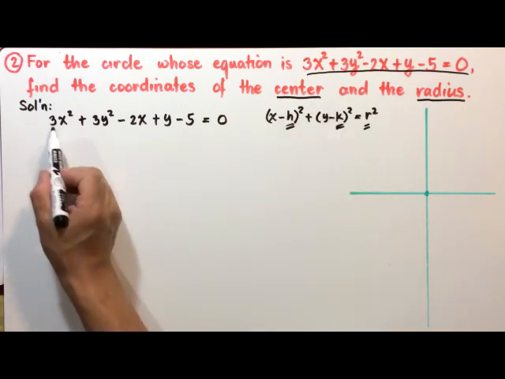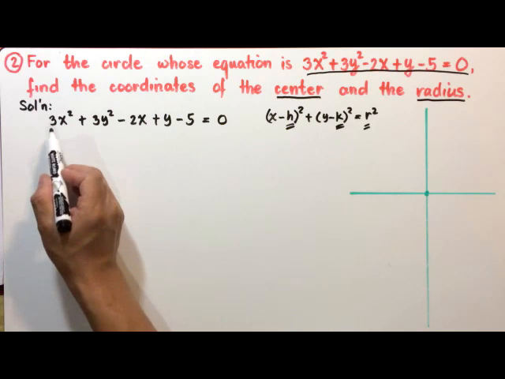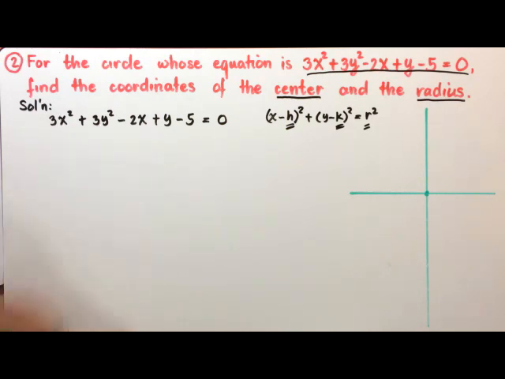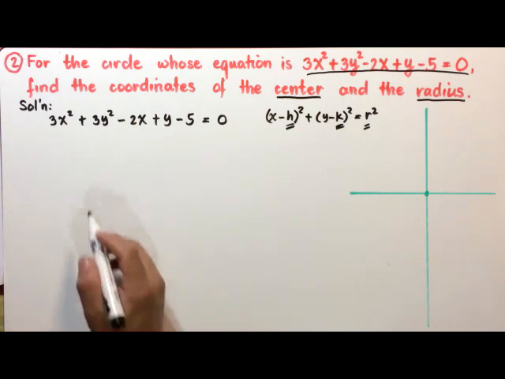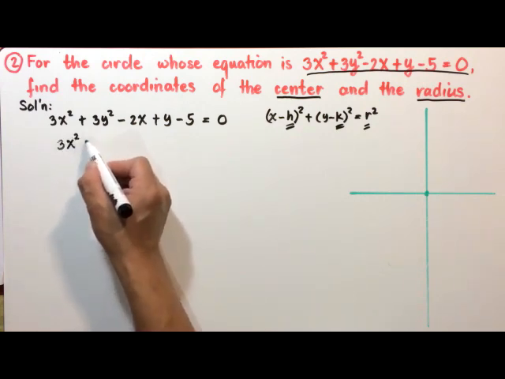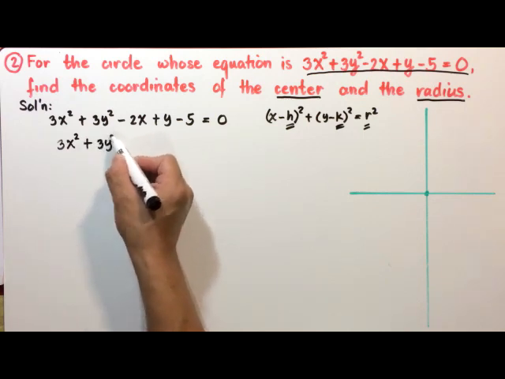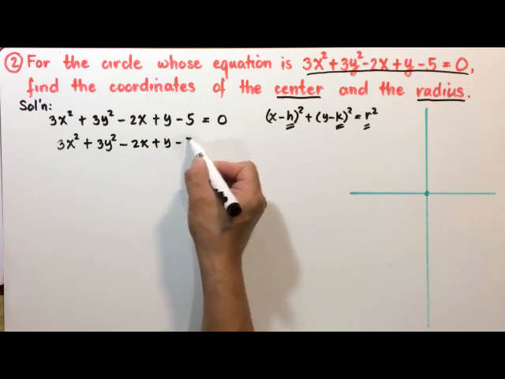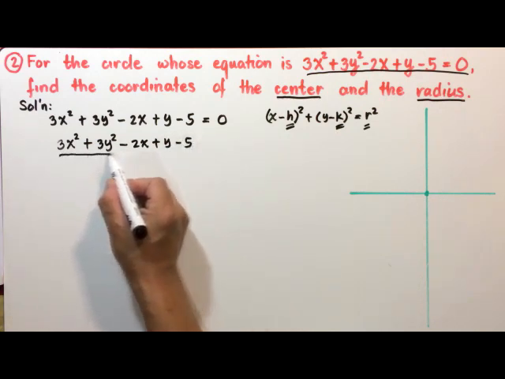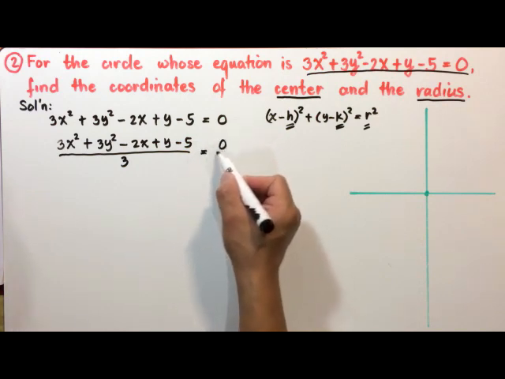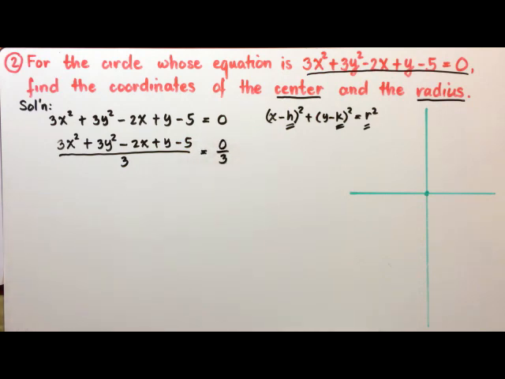First, I need to remove this 3, the coefficient of x squared, and the coefficient also of y squared, which is 3. So I will divide both sides of the equation by 3. I divide by 3 at the left side of the equation, and I also divide by 3 at the right.